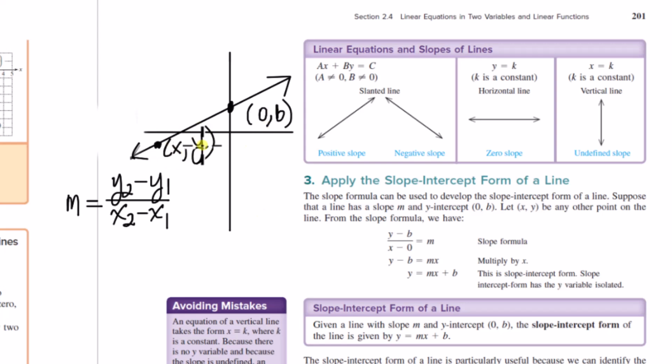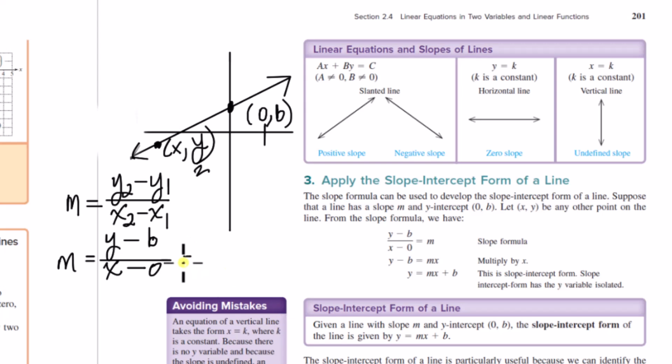So let's plug these 2 points into the slope formula. This will be point 2, this will be point 1. So we've got the slope is equal to y2, which is just y, minus y1, which is b, over x2 minus x1.